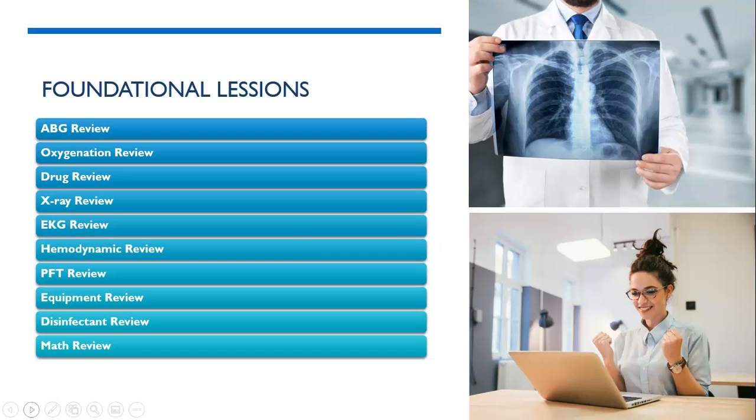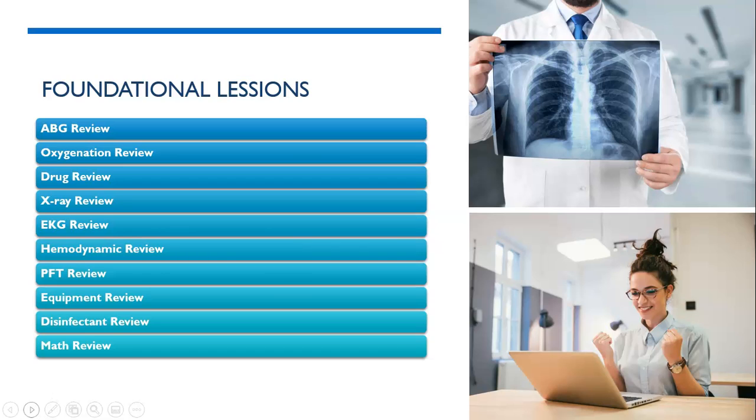ABG review is the start because, why would you not start with ABGs? It's so foundational. They're going to read their little instructions, watch a video lesson, and then take a quiz. They're going to have a study guide that they should have printed out at the beginning. It'll have some information pre-printed on it, and we really like to do that, especially for the drug review.